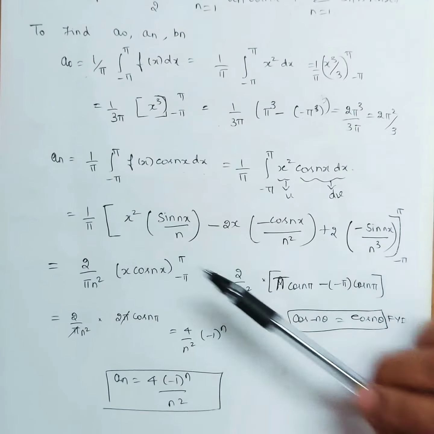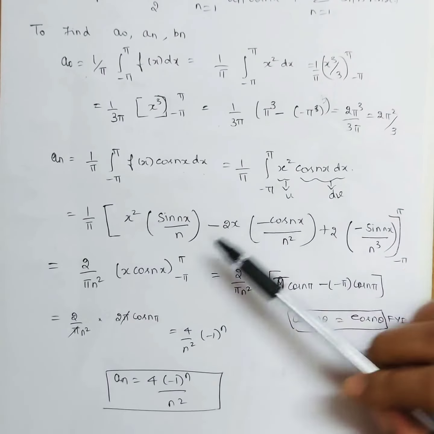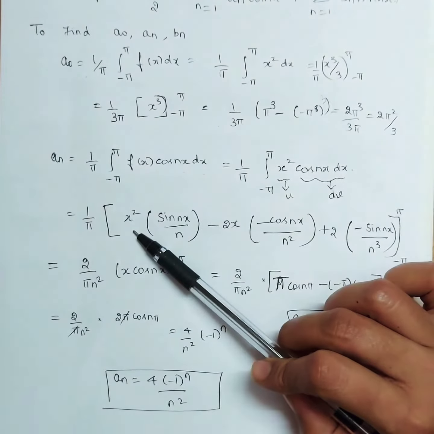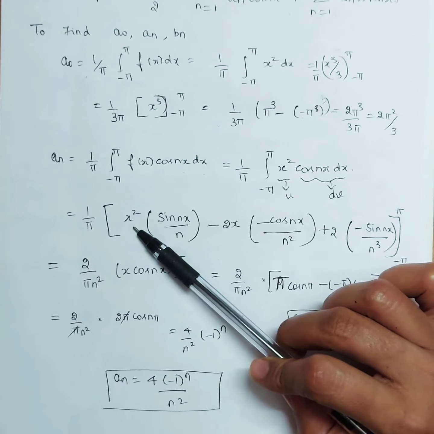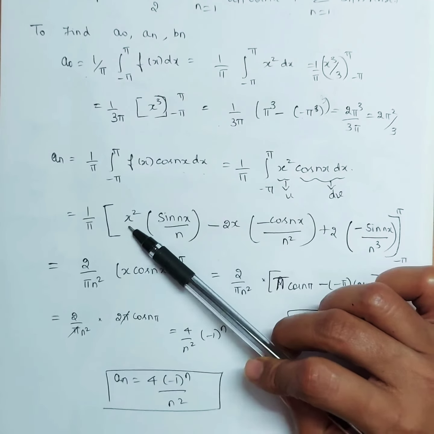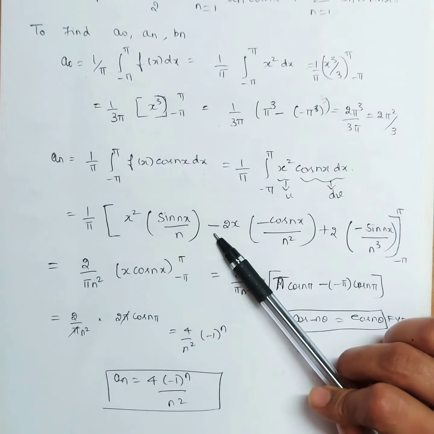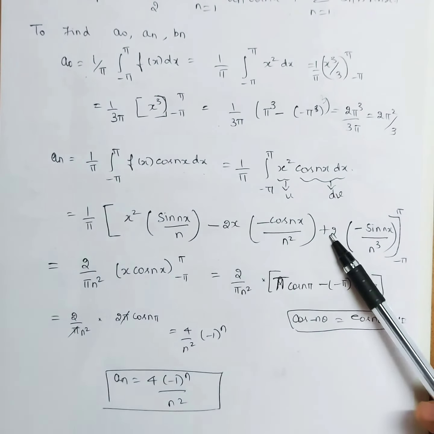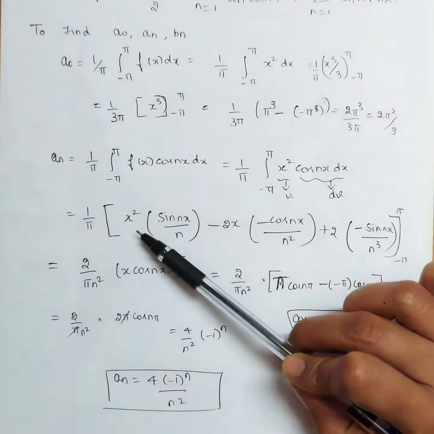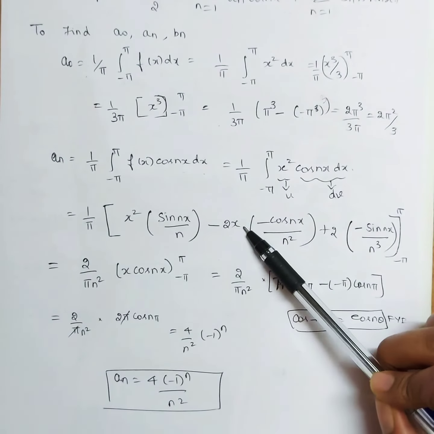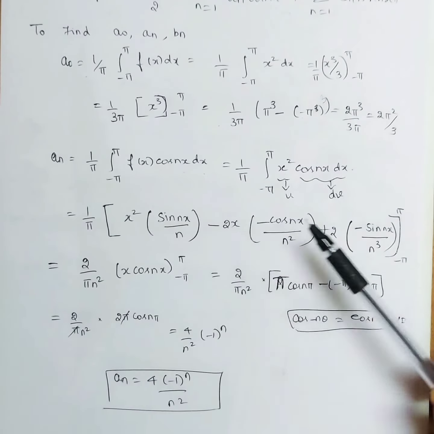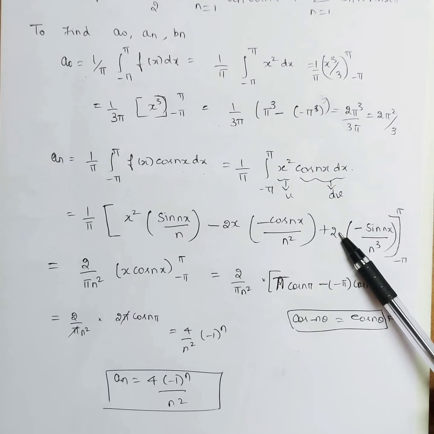I am just explaining without any formula. Just follow me. This is x square. Okay. The signs, alternate signs will come. This is plus. Then you put a minus sign over here. Next step you will put a plus sign. That's it. So x square differentiation is 2x. 2x differentiation is 2. Okay.